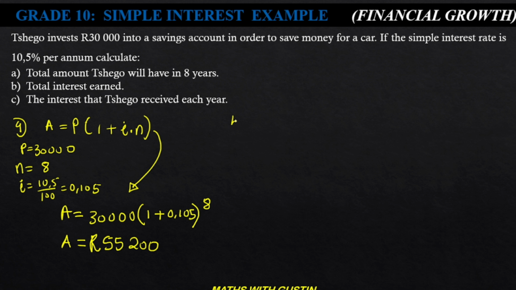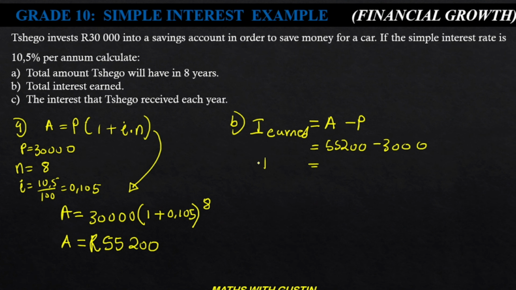Now let's come to B. It says calculate the total interest earned. Total interest earned is the interest on top of the principal amount, which is the amount that was initially invested. So interest earned is equal to the final amount minus the principal amount. The final amount is 55,200 minus the 30,000 that was initially deposited.